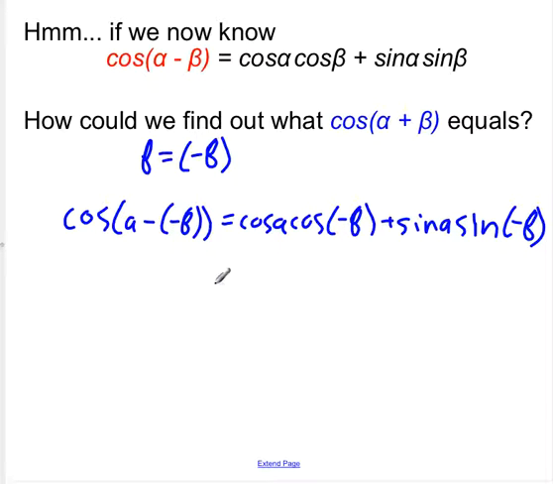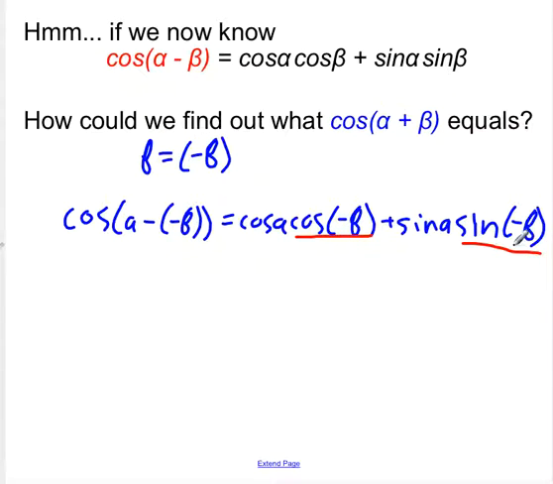We're basically done now. We know that cosine of alpha minus a negative is going to become plus. That's what we wanted. For this part to simplify, we need to remember our negative identities. So cosine of negative beta, if you look back at your negative identities, is just cosine of beta.